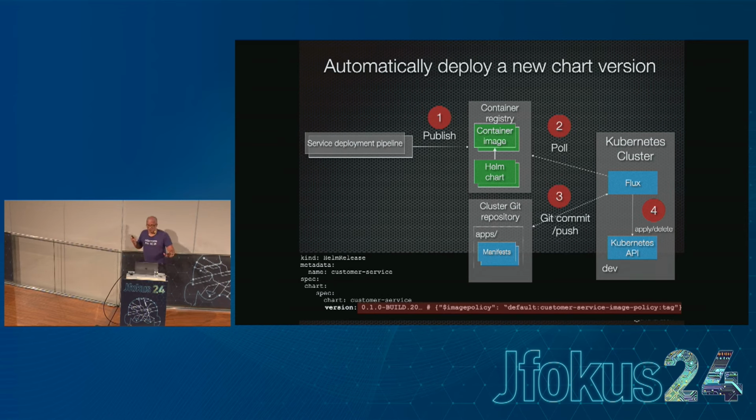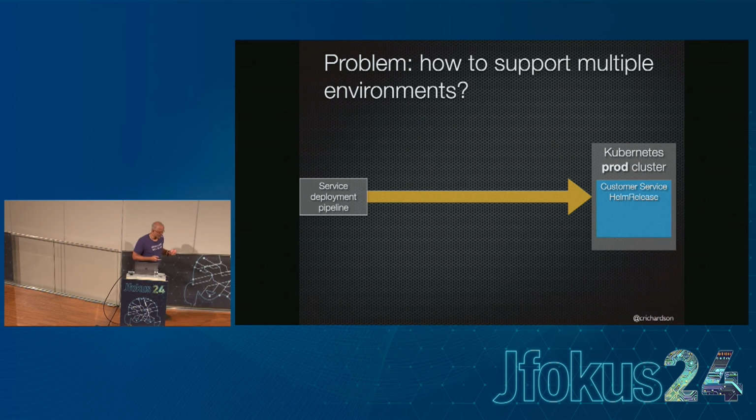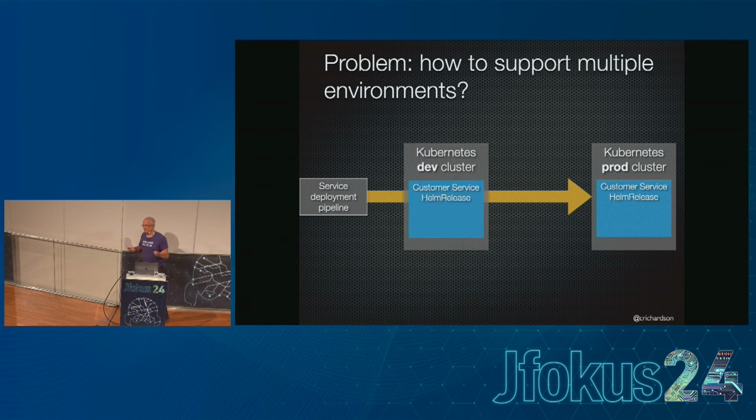Okay, so that's one thing we've got sorted out, right? At least new Helm chart versions are automatically deployed, at least into the dev environment. And that then leads to the next question: how do you support multiple environments? You're probably not going to deploy straight to prod, but you want to deploy to a dev or staging environment. And there are a couple of sub-problems here.